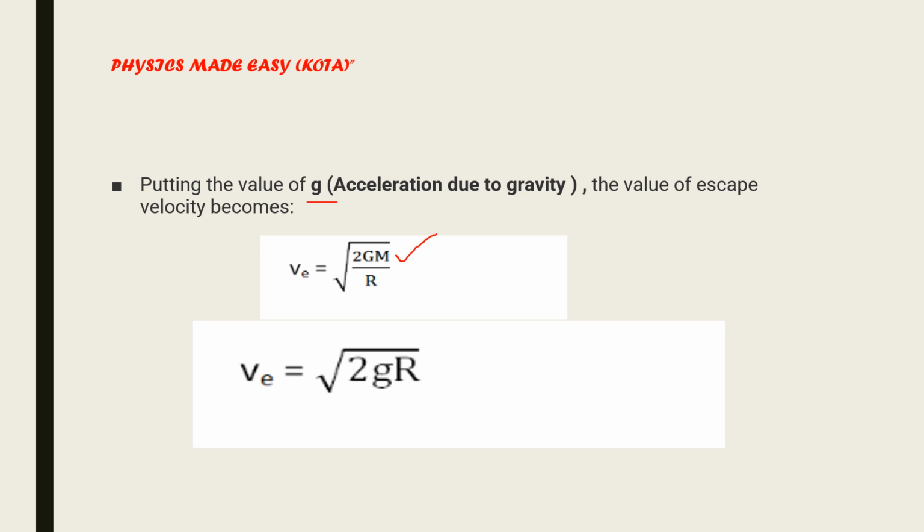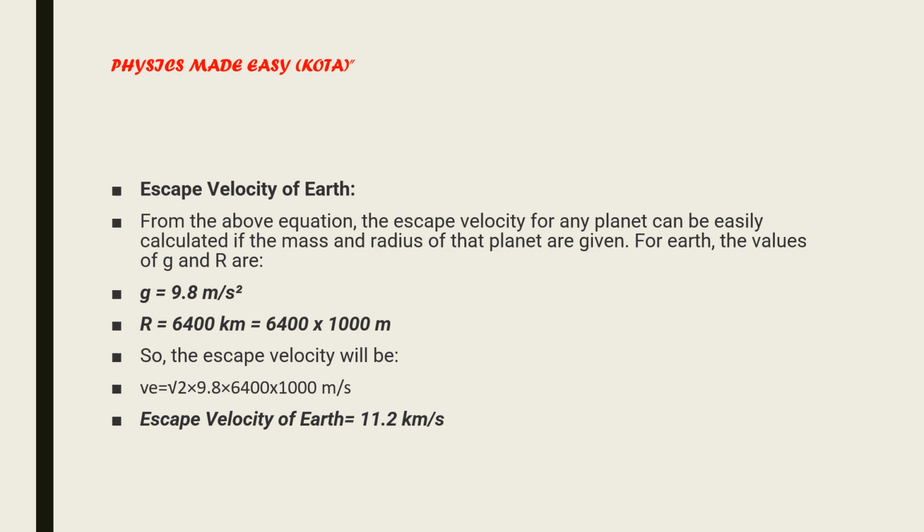So in place of GM, we can put the value from acceleration due to gravity, and we get GM is equal to small g into R squared. On cancelling the terms of capital R, we get the final expression for v_e, that is equal to under root of 2gR. So now we can calculate the escape speed from the surface of the earth.